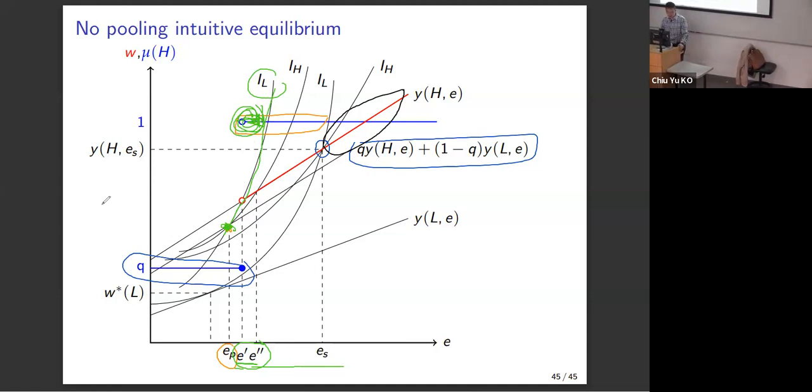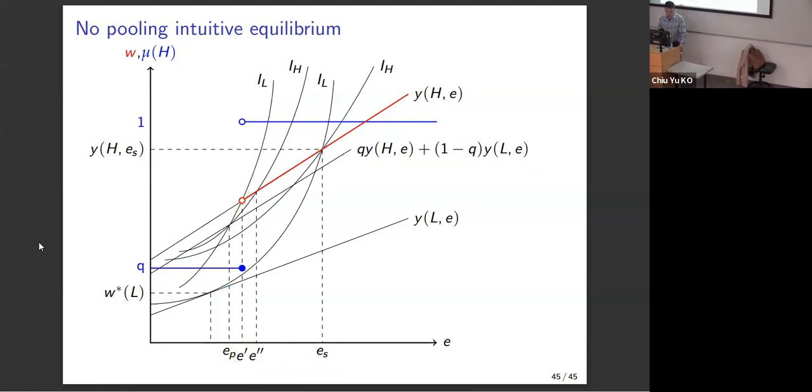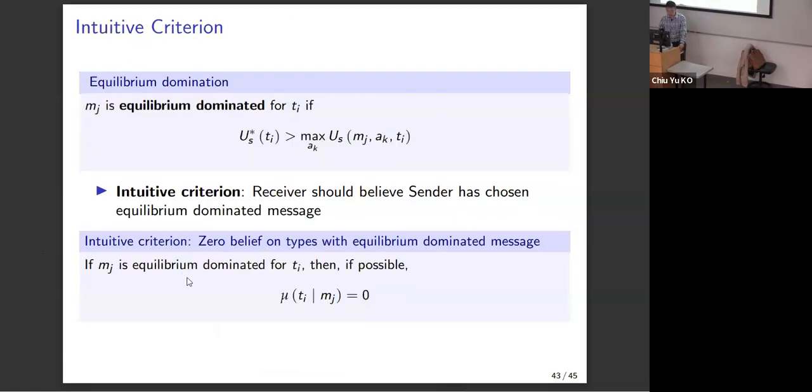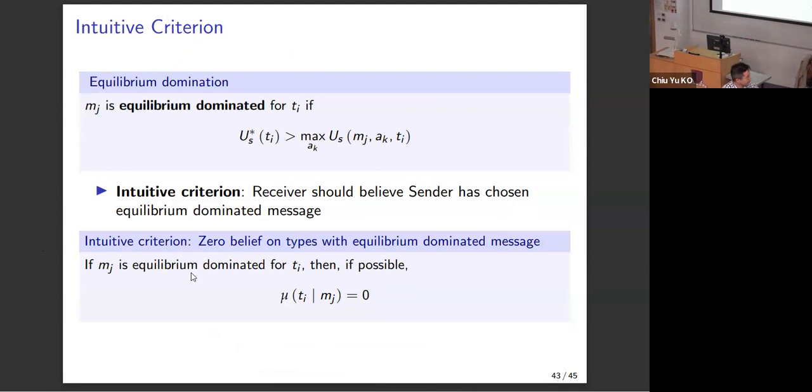So basically, if you don't care about the math, it essentially says that usually, in a signaling game, if you want to kill the pooling equilibrium, just invoke this intuitive criterion. In general, that will kill it off. This is a little bit more complicated, so you can go home and check a little bit.